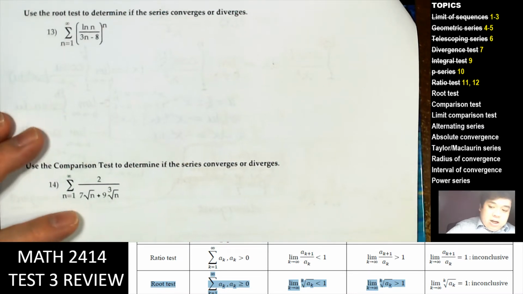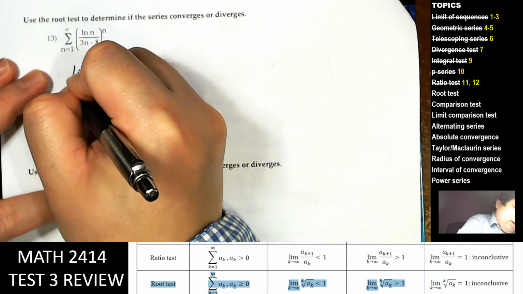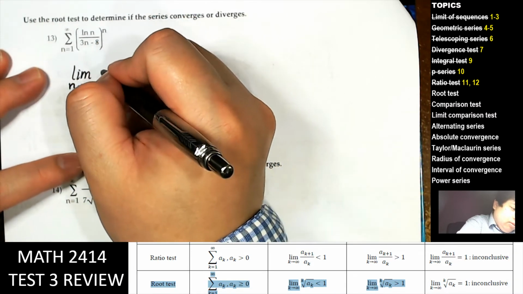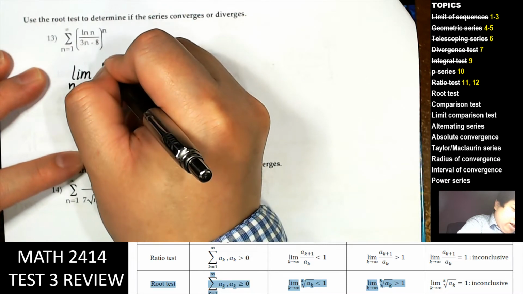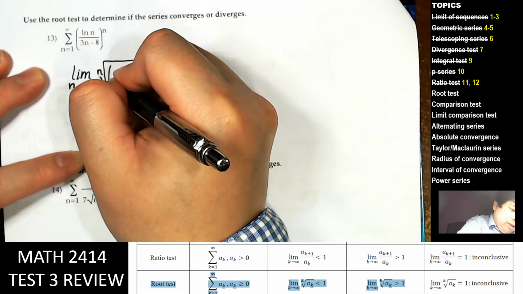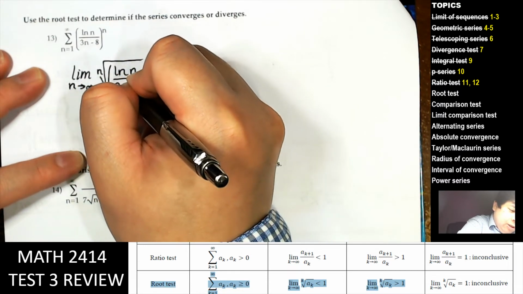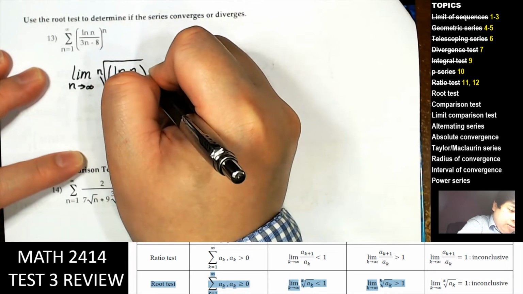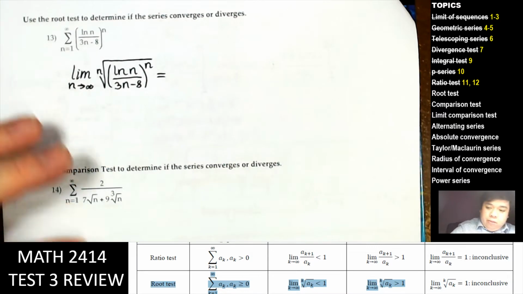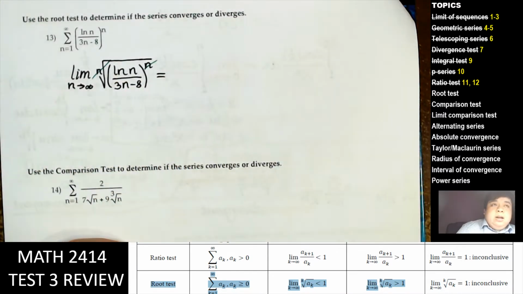So first, let's just say we take the limit when n goes to infinity, we take the n root of this term. The n root cancels with n.